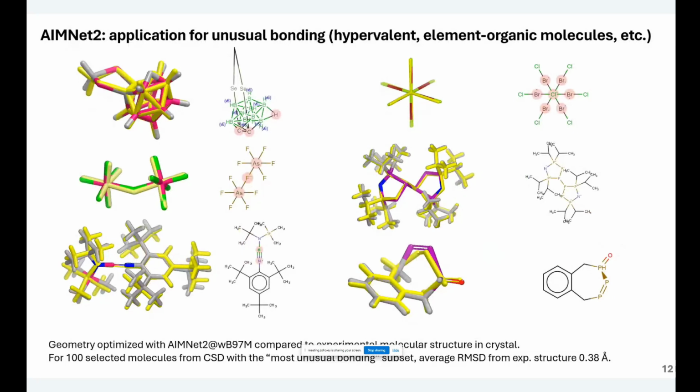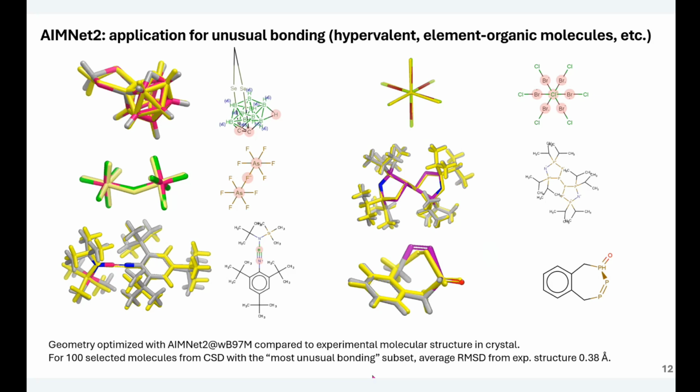Application for unusual bonding. We made a procedure to look into the CSD, Cambridge Crystal database, and extract molecules with the most unusual chemical bonding.